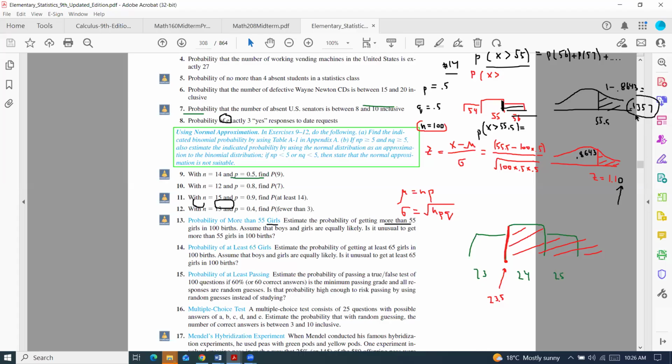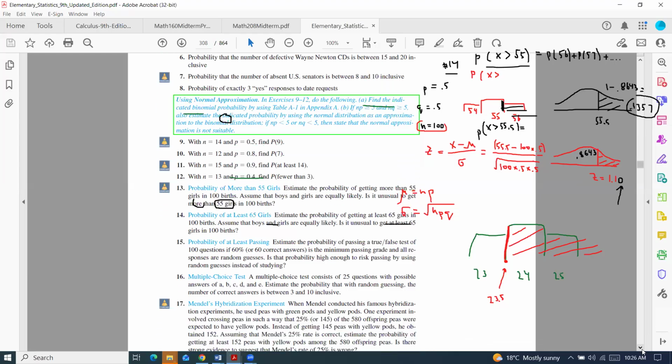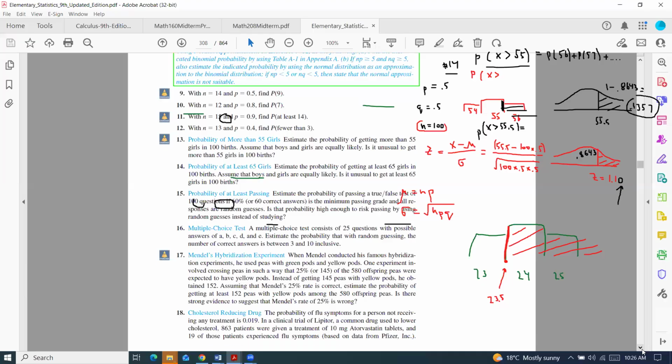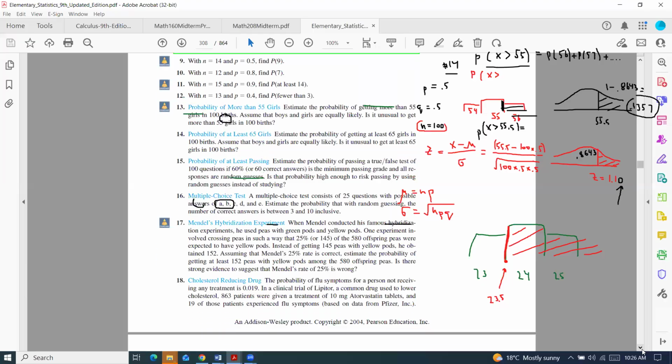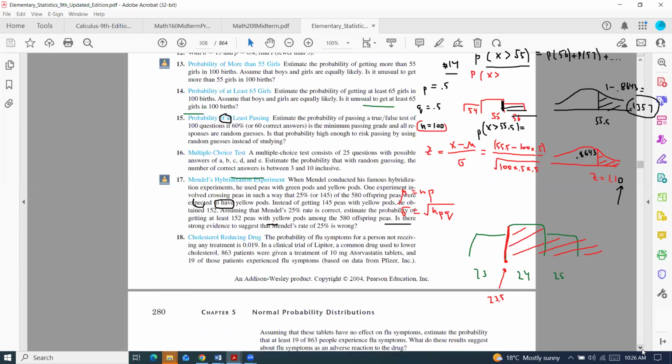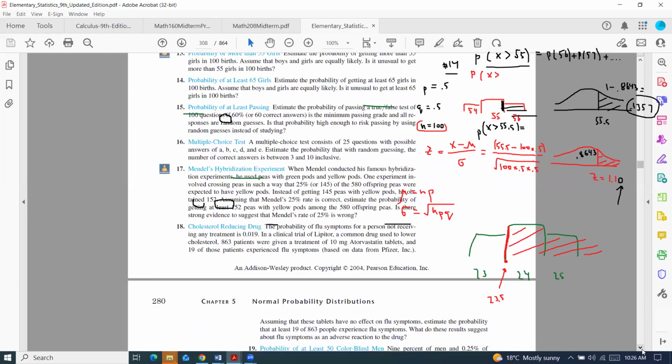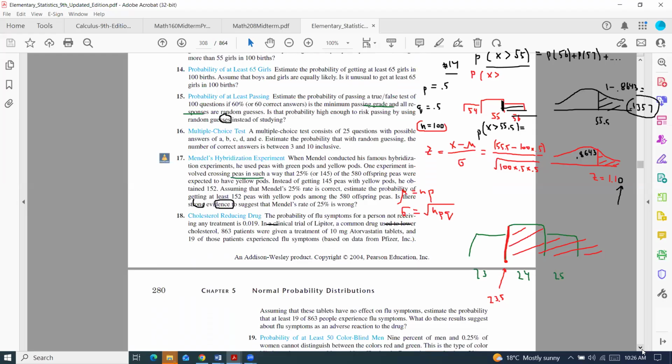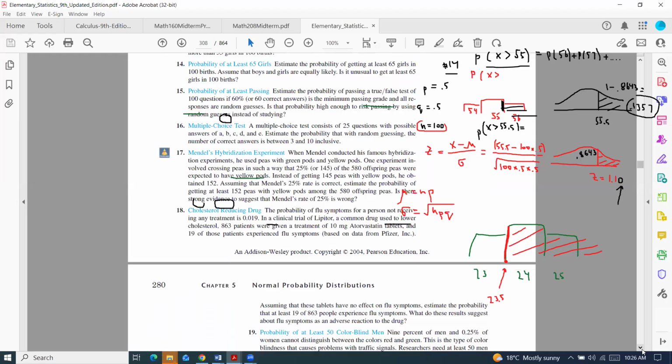That's the exercise. What I want to do is find an exercise that I can do both ways: this new way using the normal distribution, as well as the old way using the methods of chapter 4, so we can compare our answers and see how much the continuity correction takes us.